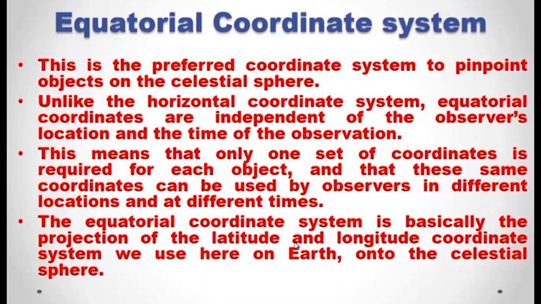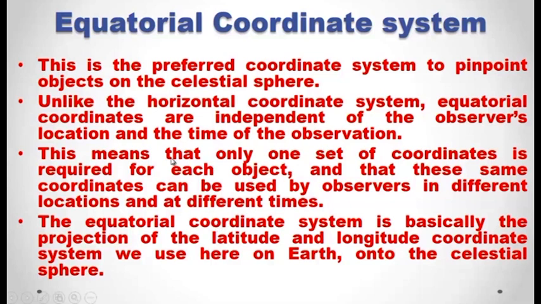The next coordinate system used in astronomy is the equatorial coordinate system. This is the preferred coordinate system to pinpoint objects on the celestial sphere. For all the coordinate systems, the celestial sphere is important. As I told, the celestial sphere is an imaginary sphere imagined around Earth as the center.